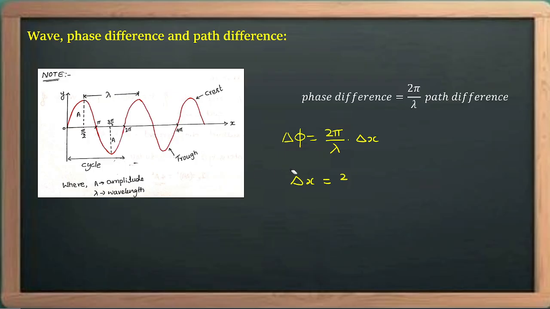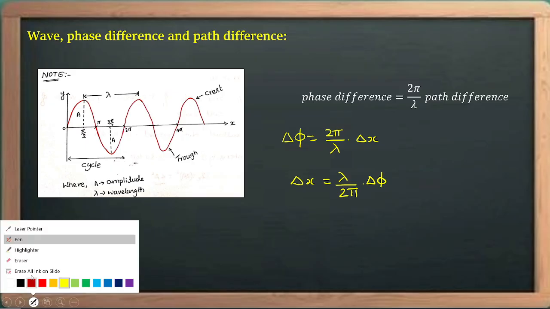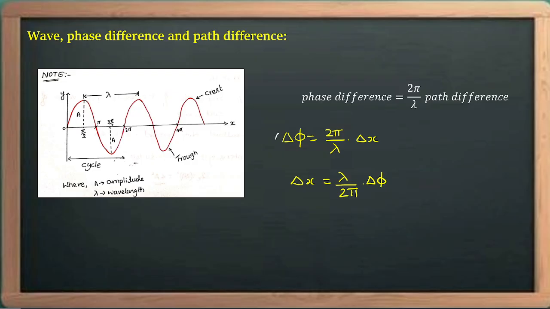If you want to write the expression for delta x, then it will become lambda divided by 2 pi into delta phi. These two are very important formulae. You may get numerical type questions based on this, or MCQ type questions also in your board examination. So try to practice this.